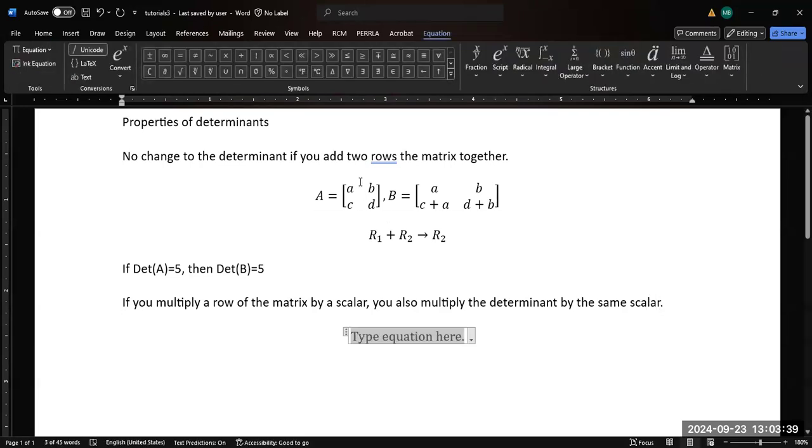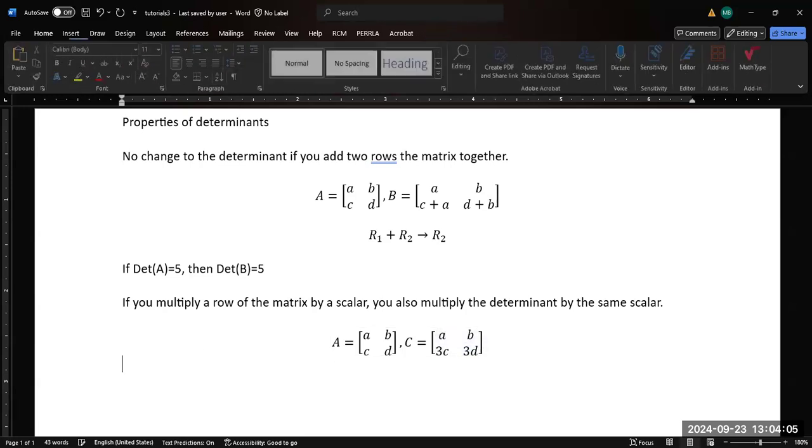So again, we'll start with my A matrix. Now let's say my C matrix, just so we don't confuse it with my B matrix, is going to be, and again, this applies to any row, A, B, 3C, 3D.